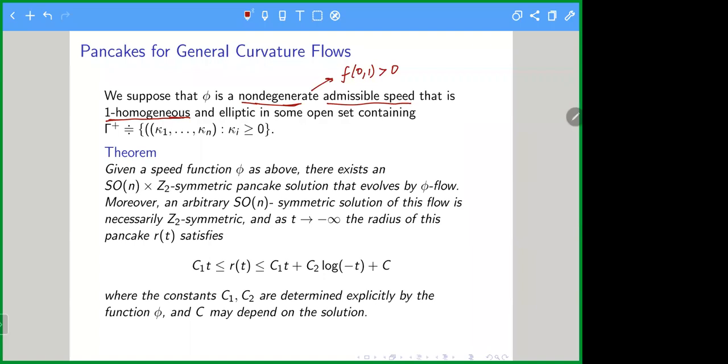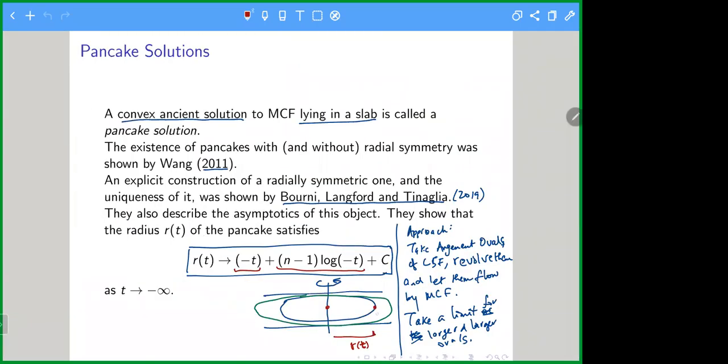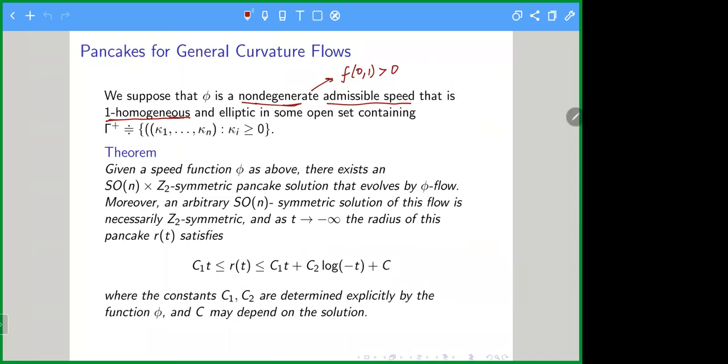What I'm able to show in this case is that I can construct these sorts of pancake objects by doing the same thing, taking Angenent ovals and letting them flow not by mean curvature flow, but according to a speed that I prescribe, which is just a general admissible speed.